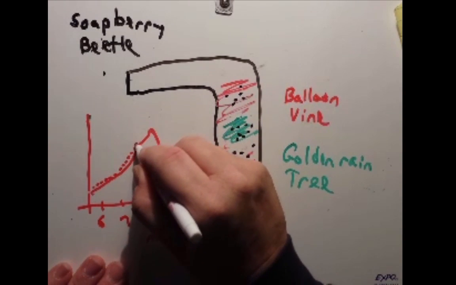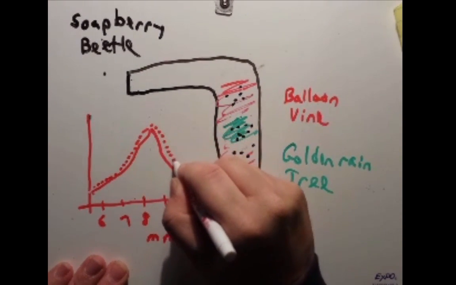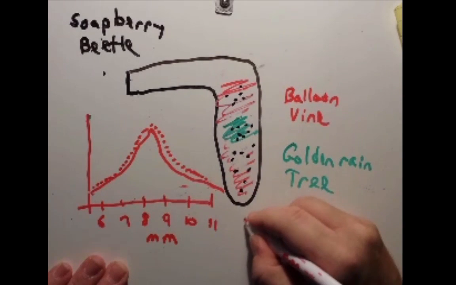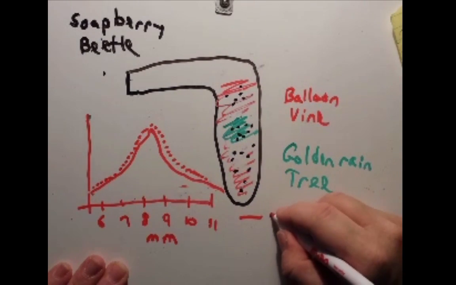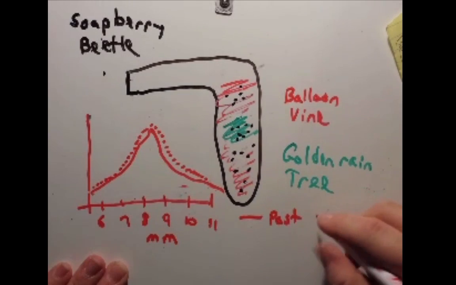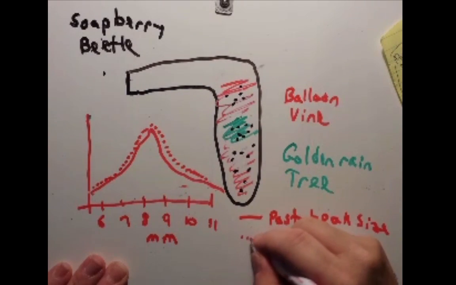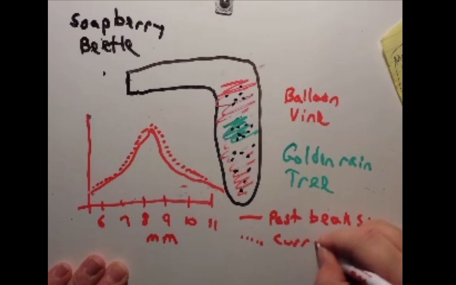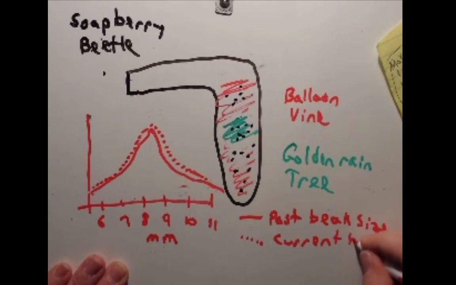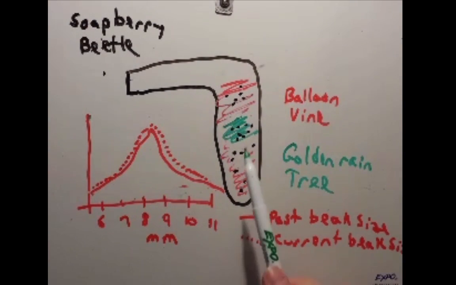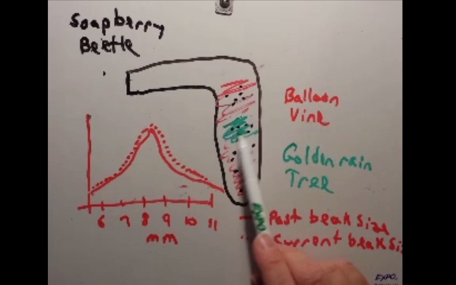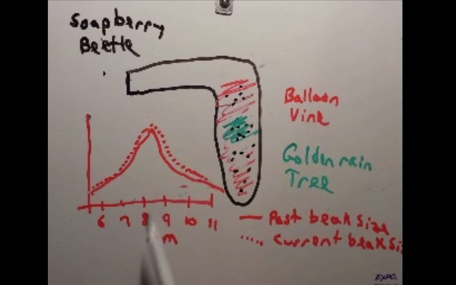So I'm going to put a dotted line. And let's make a key here. Straight line here means past beak size, and the dotted line is current beak size. When they went back and sampled from this region, the region that had 8.5 millimeter beak size previously, they discovered something different.